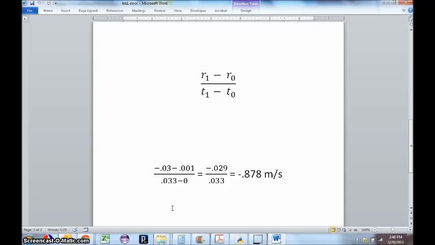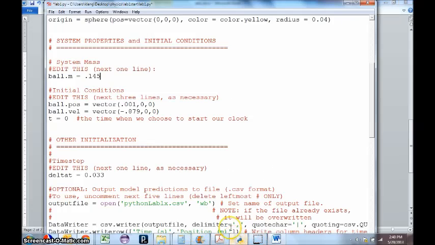So calculating that out, my final value was 0.878, actually rounded up, 0.879 meters per second, and that's what I used in my Python as my velocity vector.